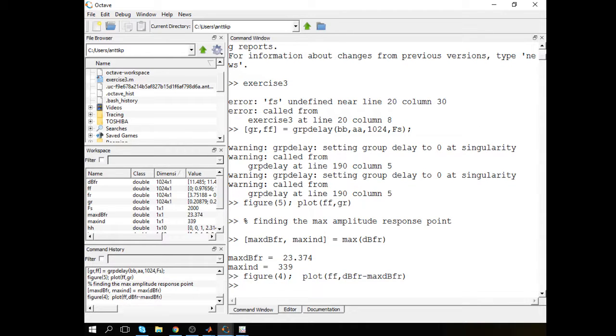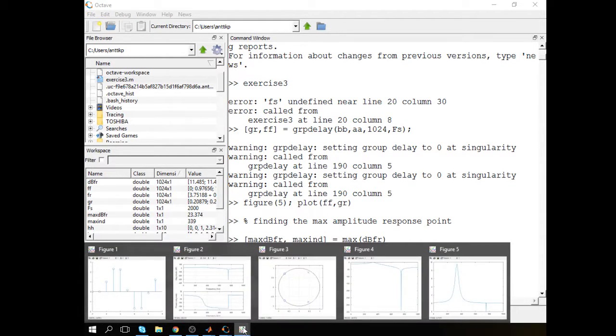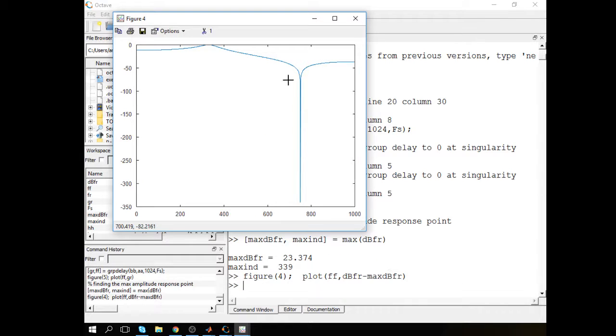Ha! There we go. Okay. So scaling of the filter means this one. For unity gain, it means that you will scale it such that the maximum amplitude response hits 0 dB, meaning gain of 1.